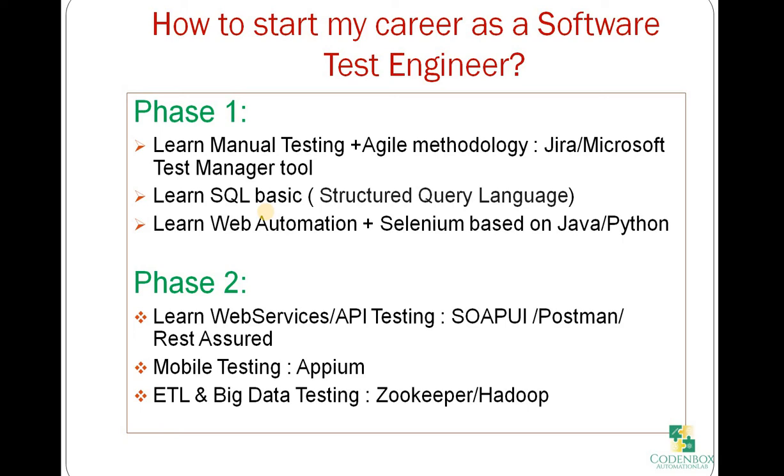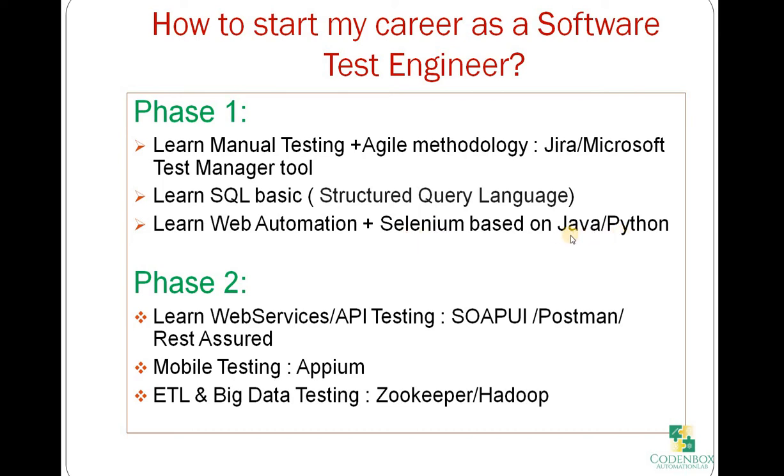Selenium is one of the very famous APIs. They want you to have some knowledge or experience with Selenium WebDriver, using either Java or Python. Selenium works with other languages like Ruby and JavaScript, but in our industry most jobs are based on either Java or Python.